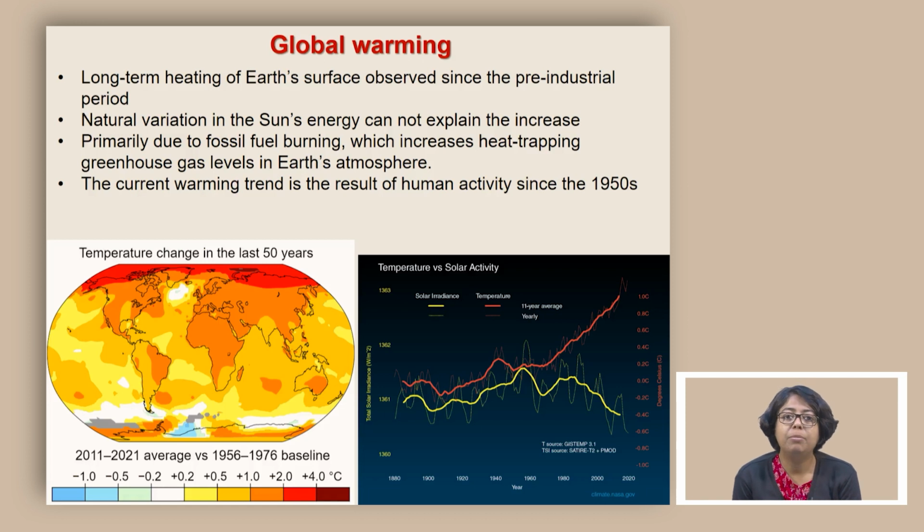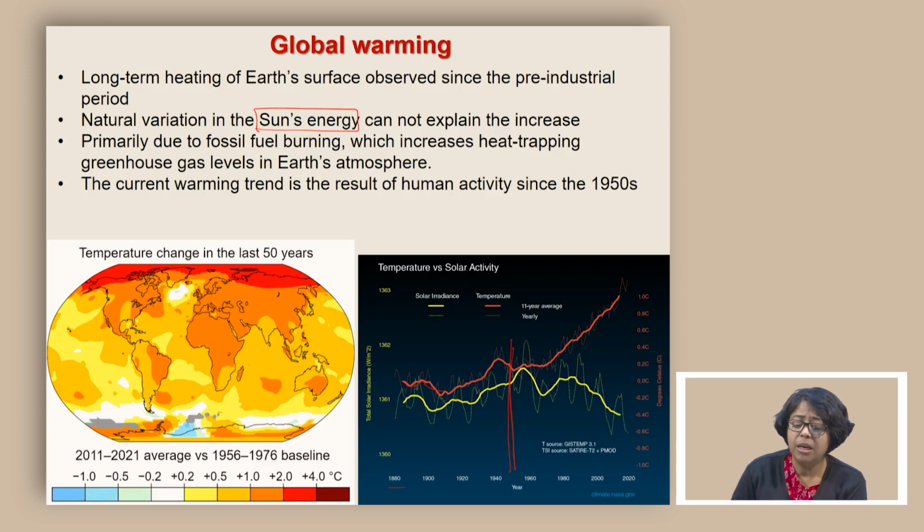So, for that people started to look at the data of the sun's energy, and when you look at the solar activity and temperature from 1880 to present day, you will find that the temperature is steadily increasing, especially after this point, and there is no going down.